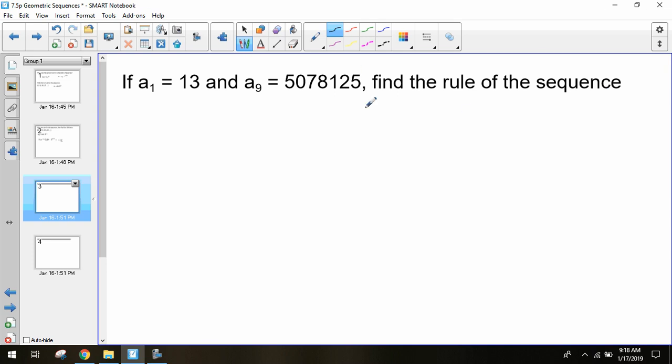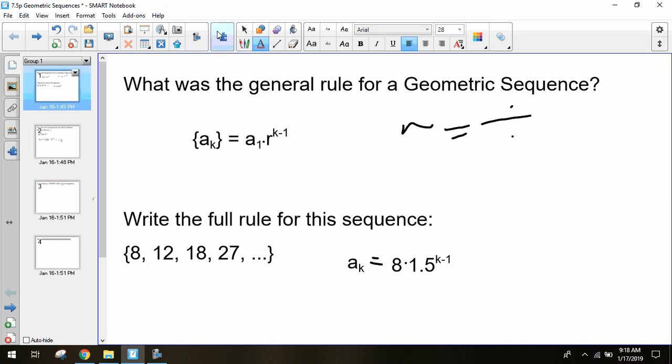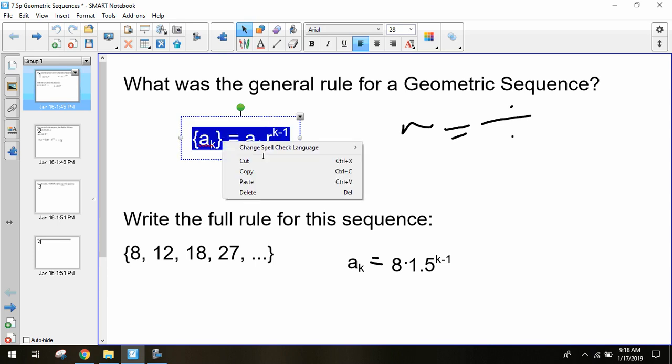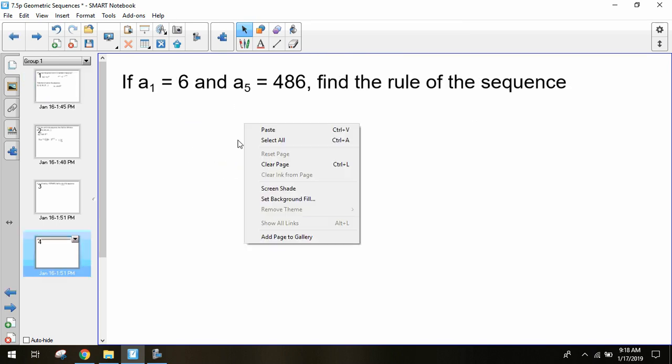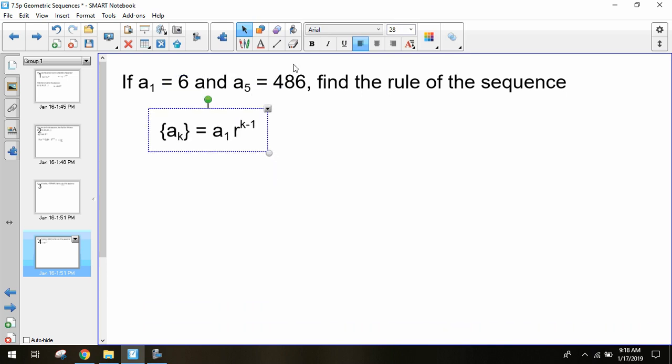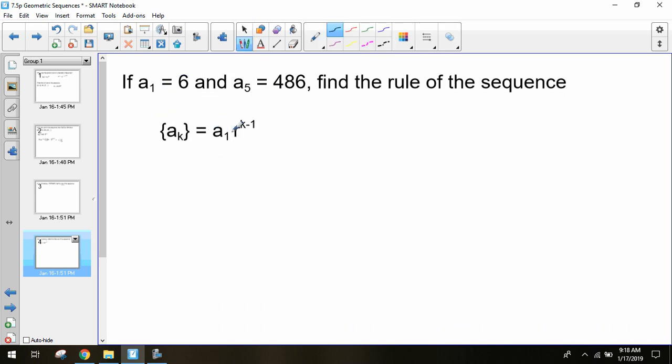So we're looking for the rule of this sequence. So once again, we need to figure out what this a sub k part of our function is. So we need to fill in these values. We need to figure out what this rule is.